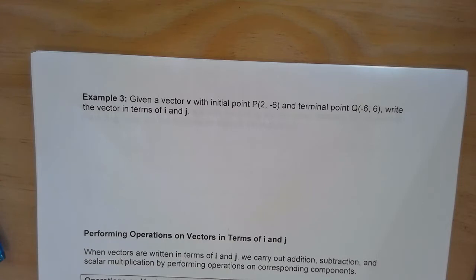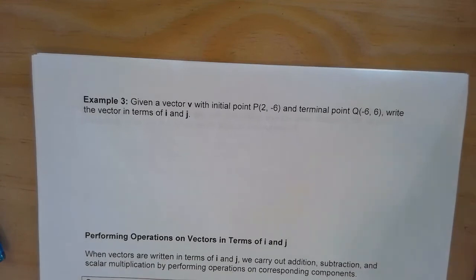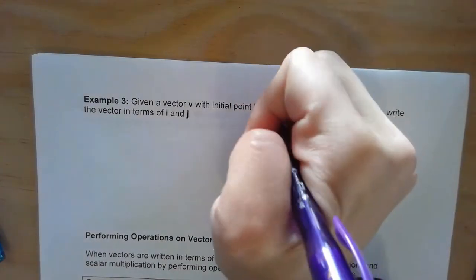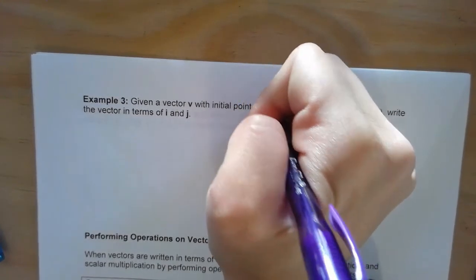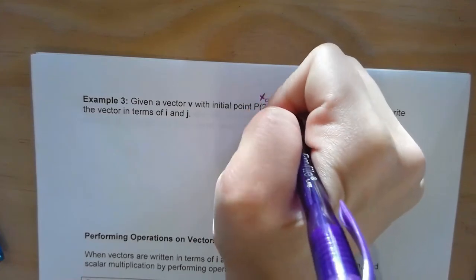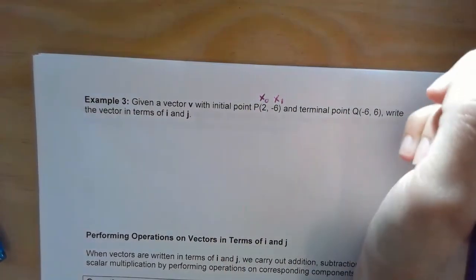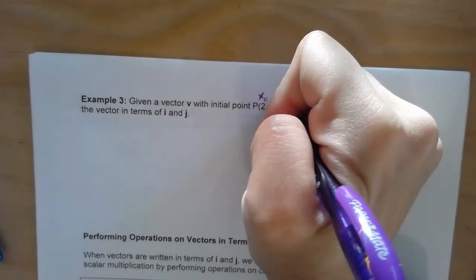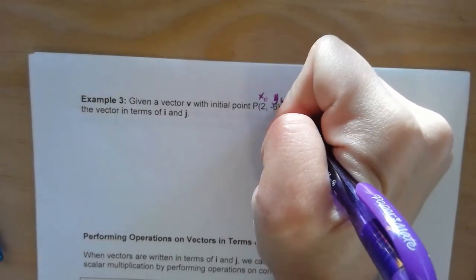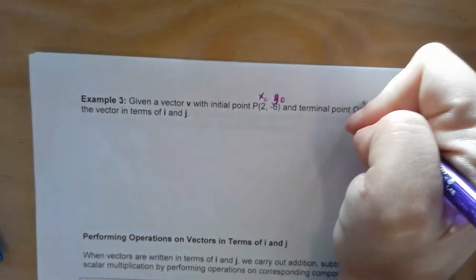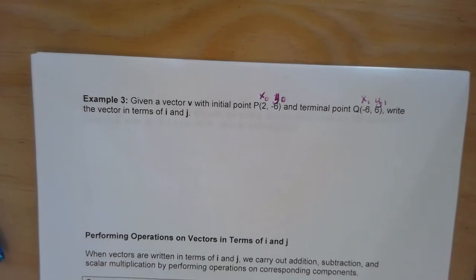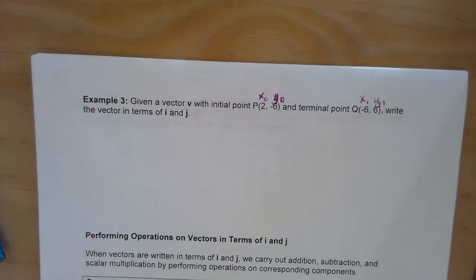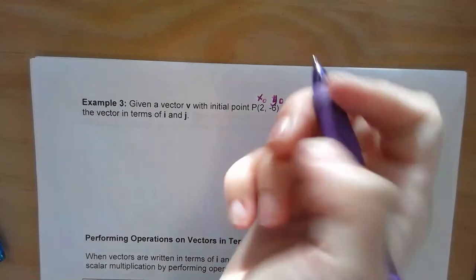Keep in mind that when we do the terminal point and the initial point, this is x initial, y initial, and this is x1, y1. When we combine these, we subtract our x's and subtract our y's.